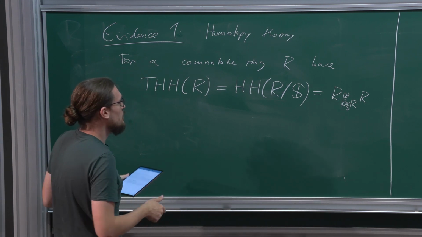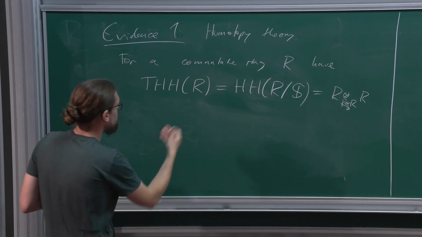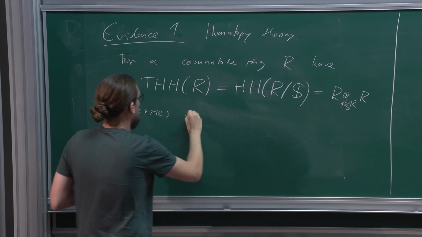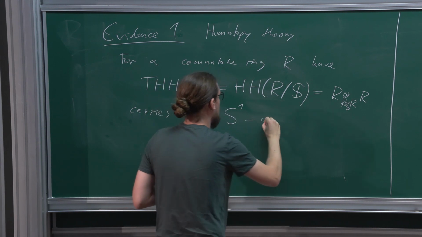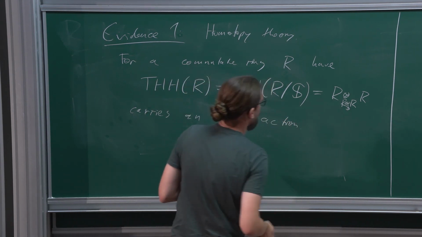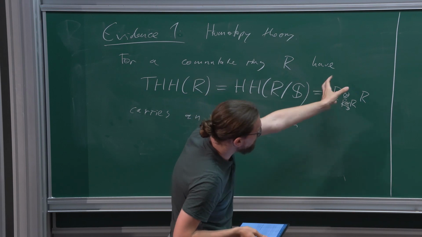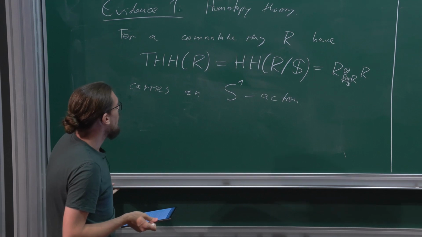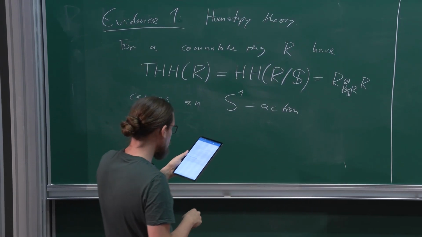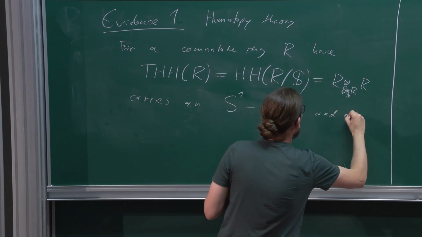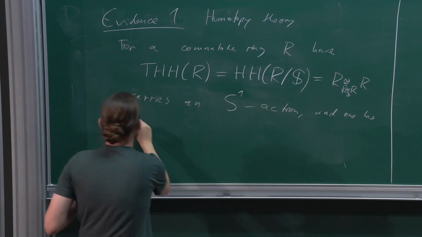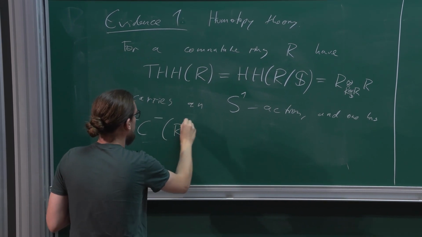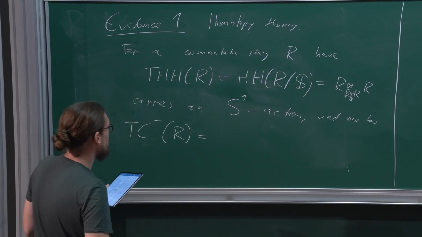And this carries an action by the circle group, which comes essentially from some kind of trace symmetry in this construction. And one has refinements of THH, which are obtained by taking fixed points with respect to the circle action.